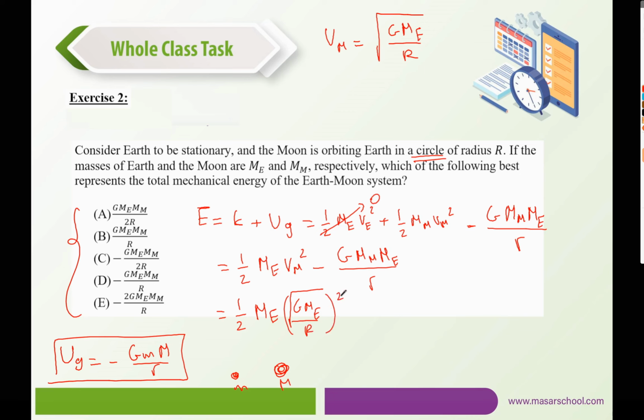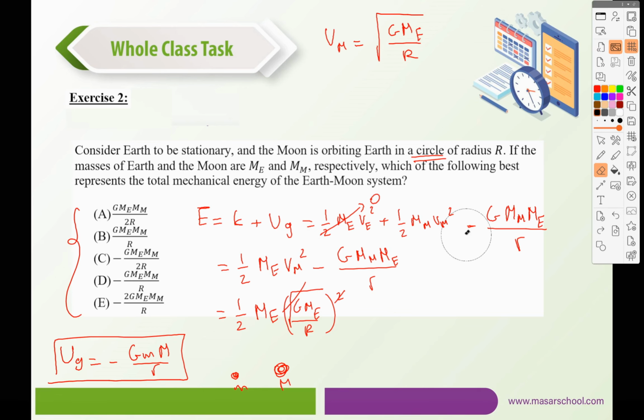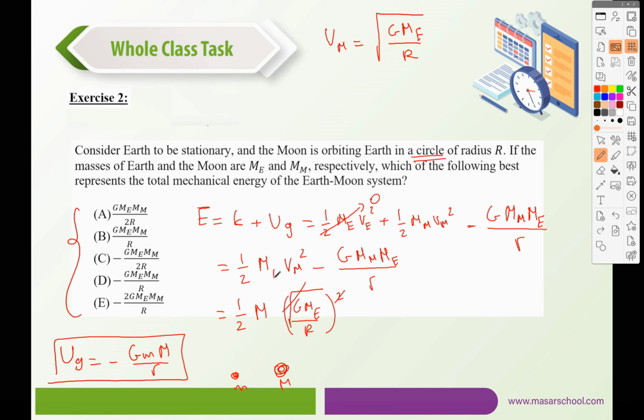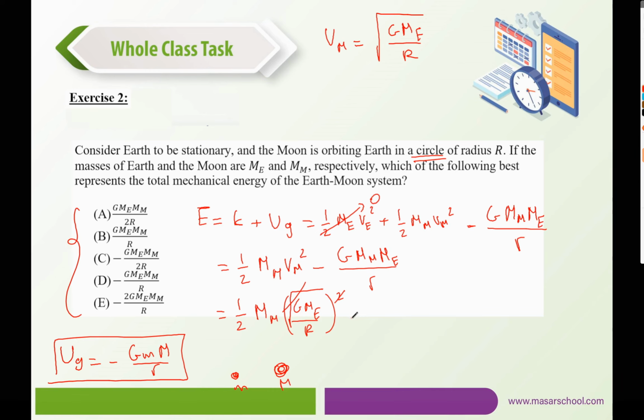Okay, sorry, I made a mistake here. This should be the mass of the moon, minus G me mm over r.